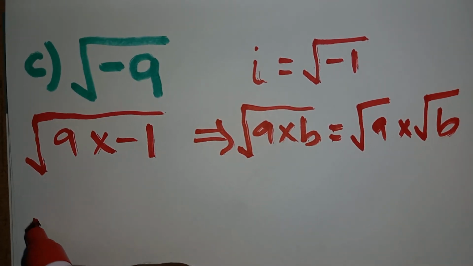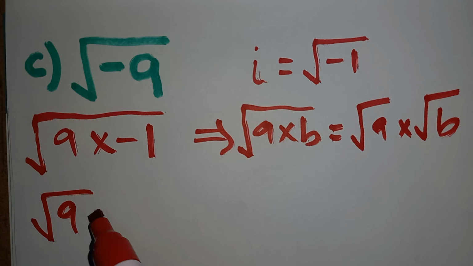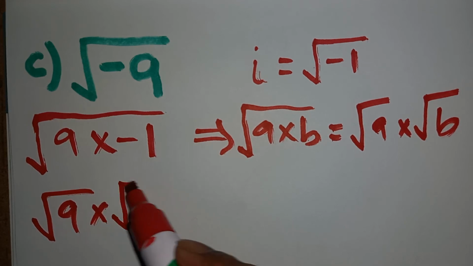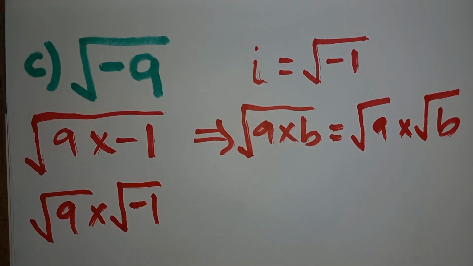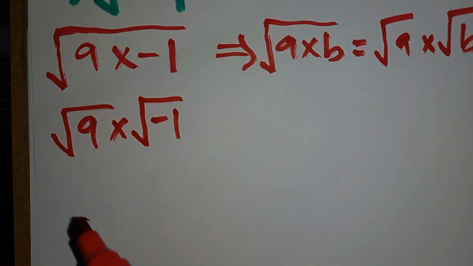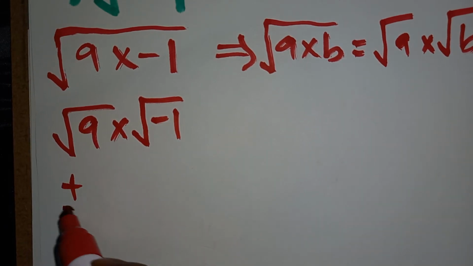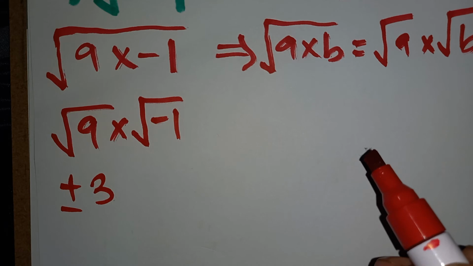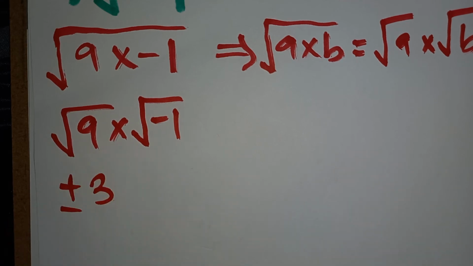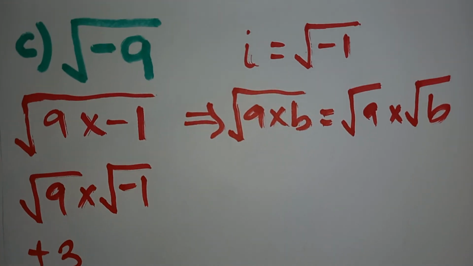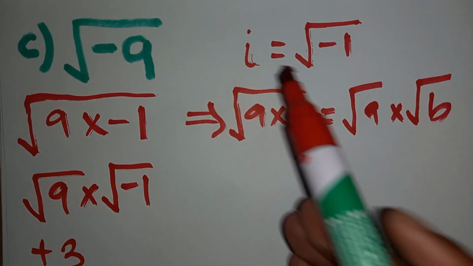So we have square root of 9 times the square root of negative 1. And square root of 9 we know is plus and minus 3, because when you square 3 you will get 9. And root of minus 1 we already know is i.